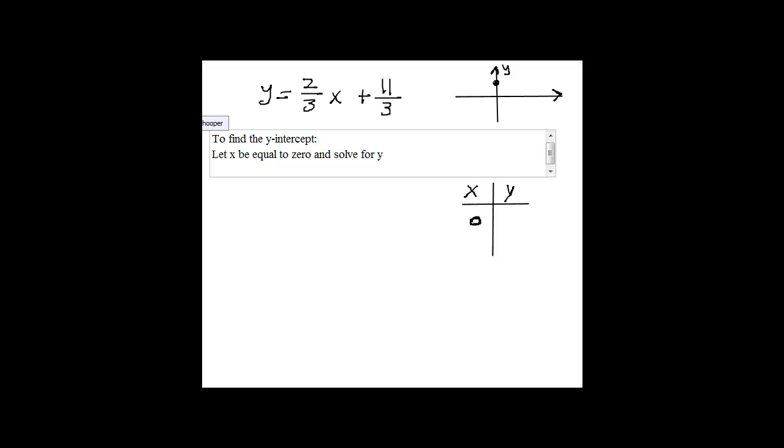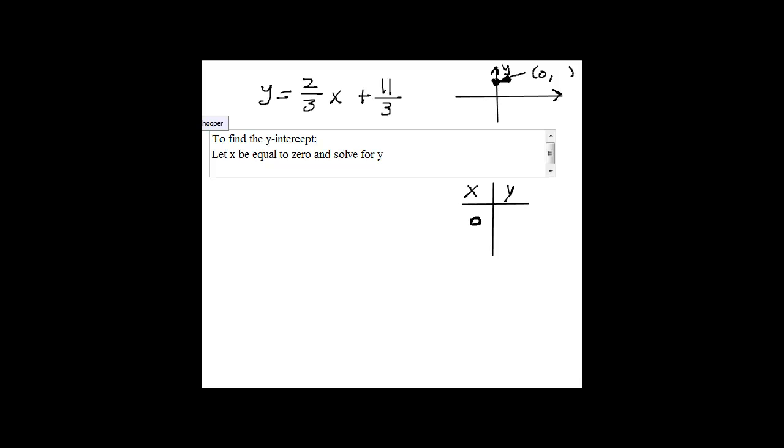Do you see that? Okay. The point that we're going to find for the Y-intercept, whatever that point is, is going to be a point like that. X would be 0, Y would be some number that we don't know. Do you agree with that?